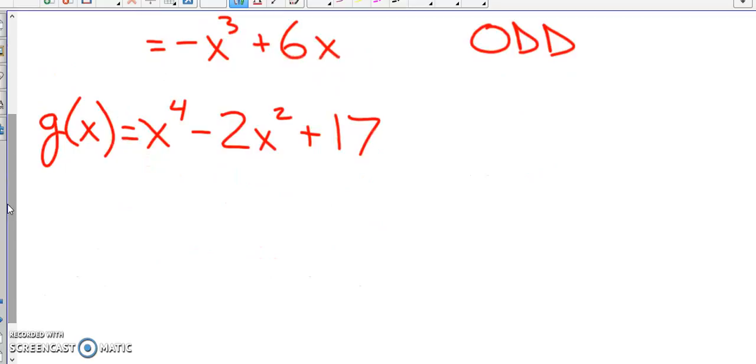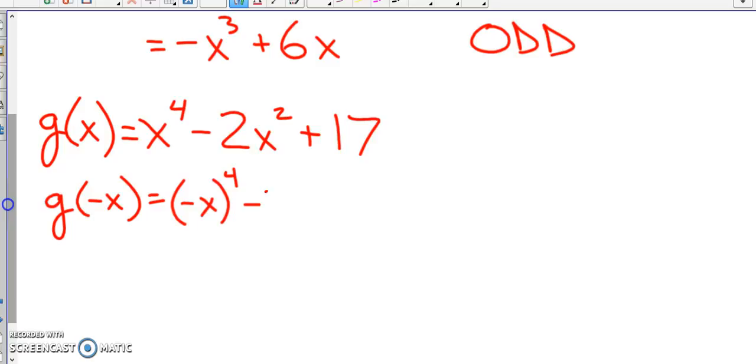So, let's figure out this one. I plug in negative x wherever there's an x. What will I come out with? All right, so this is x to the fourth.